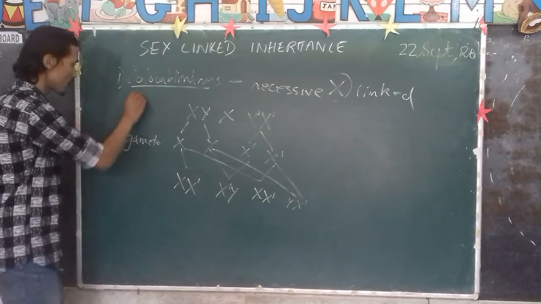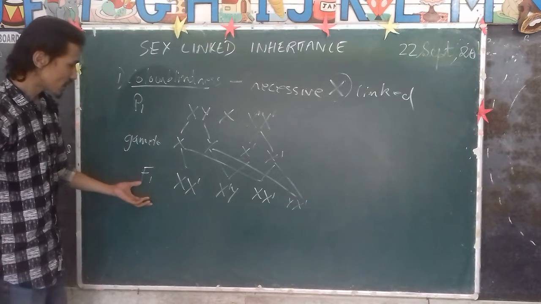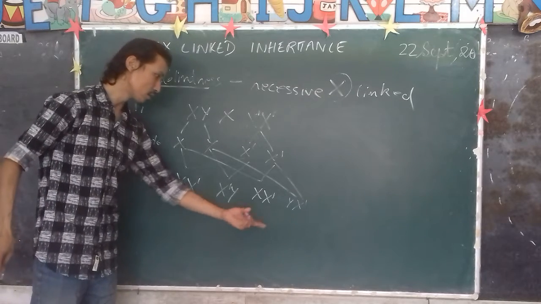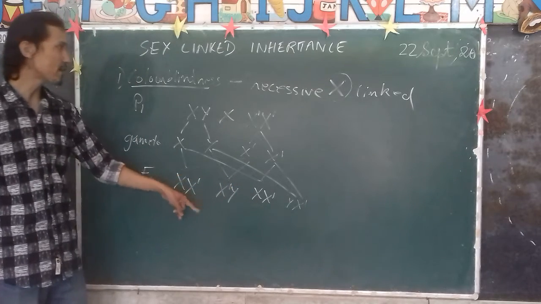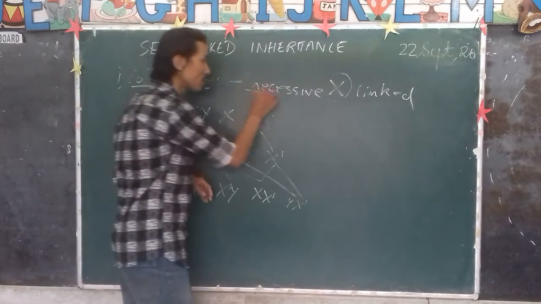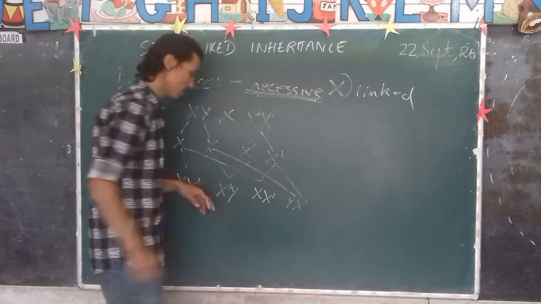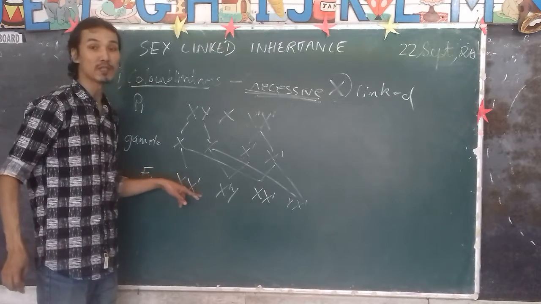So in the offsprings, I'm getting 4 individuals, 2 males and 2 females. Both the females are carriers for color blindness, because I already told you color blindness is recessive. Recessive means it is not completely dominant, so it is not completely expressed.